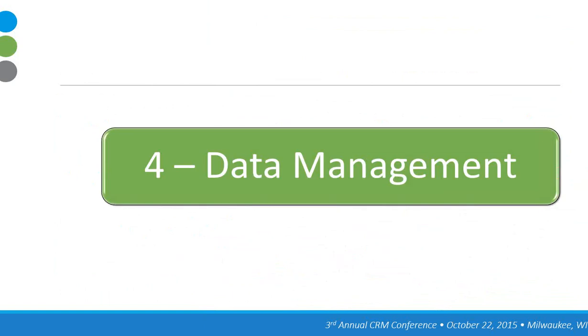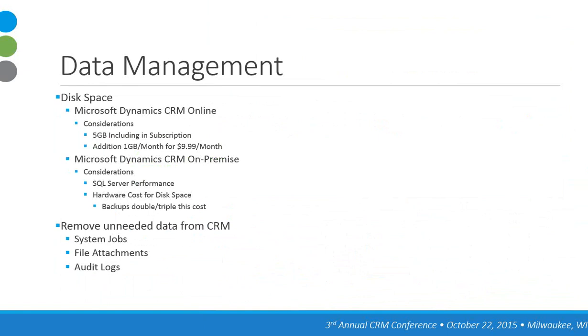The next section we want to talk about is data management. Now, disk space is very important for all users. For CRM Online, you have to take into consideration that you only get the 5 GB per month included in your subscription, and any additional data at 1 GB a month is $9.99 a month.